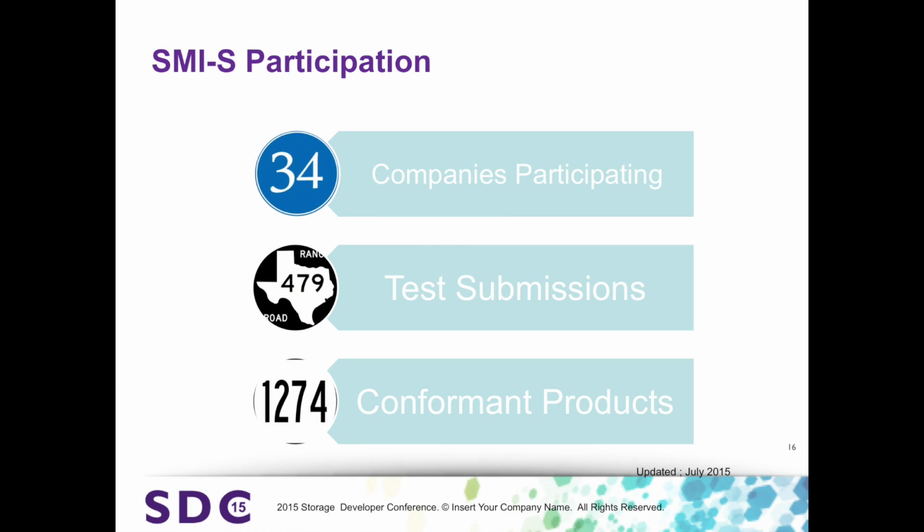but it does not shrink the number of conformant products. Now, the conformant product list is almost 1,300 here. That looks deceptively high. The reason is because that's all the different versions of the same code base. For instance, one array that happened to have 3 different versions, an 8,000 model, a 9,000 model, a 10,000 model, but it all runs the same base, we count those as different conforming products.